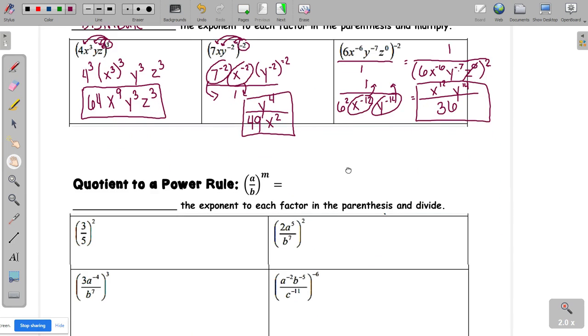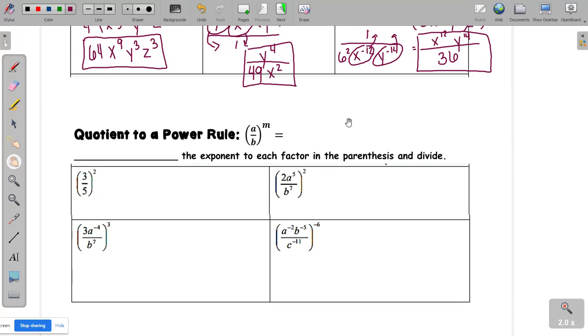Okay, now let's look at our last rule, quotient to a power. Same concept as what we were just doing, but instead of having a product on the inside, we're dividing. So we're going to still distribute. We're distributing the exponent to each thing in the numerator and each thing in the denominator.